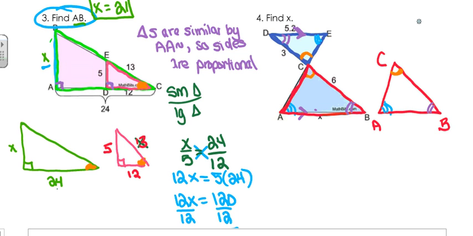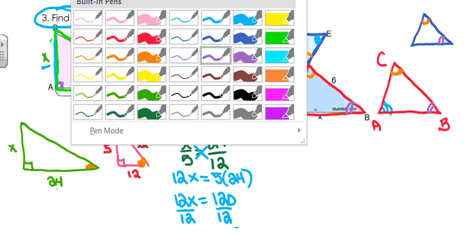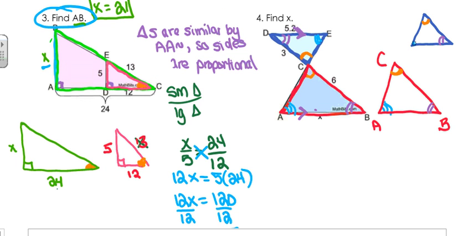And when I draw my other triangle, I'm going to match them up exactly the same way so that their congruent angles match up. So I'm going to put the orange angle up at the top because it was on the top in the red triangle. I'm going to put the purple angle in the bottom right because it was in the bottom right in the red triangle. And I'm going to put the blue angle in the bottom left because it was in the bottom left in the red triangle.